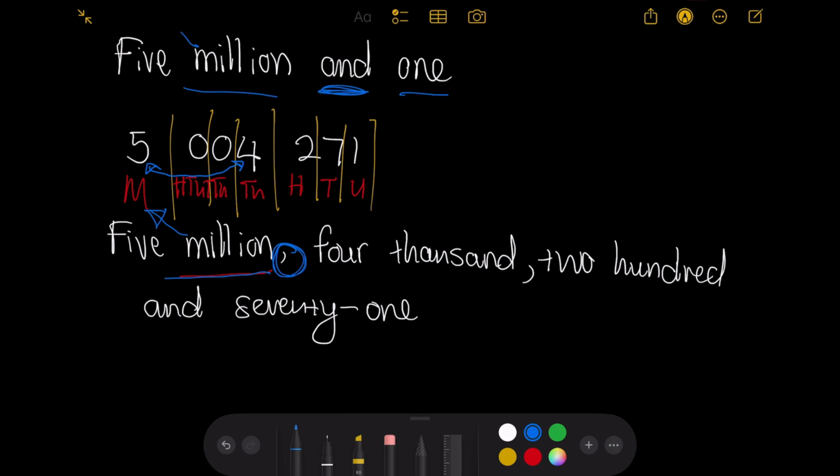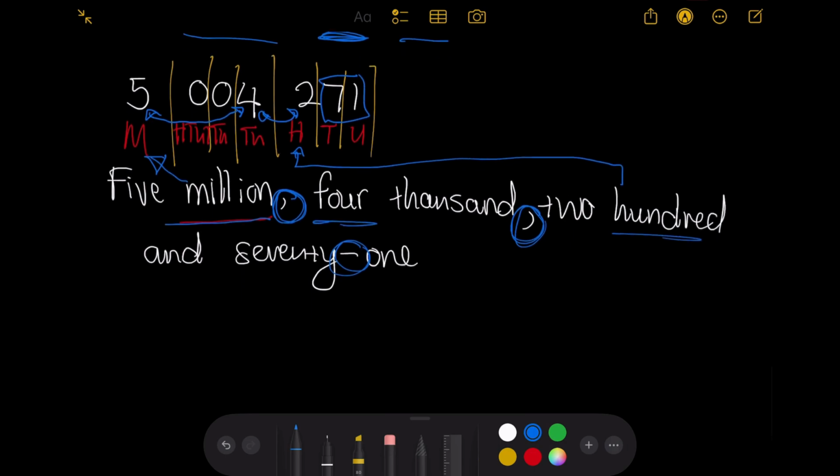And then of course you would use the 4,000 here, and then as you transition from the thousands to the hundreds, you'd of course use a comma, and then you would have 200, that we saw because the 2 is part of the hundreds column, and 71, which is hyphenated because of this case.